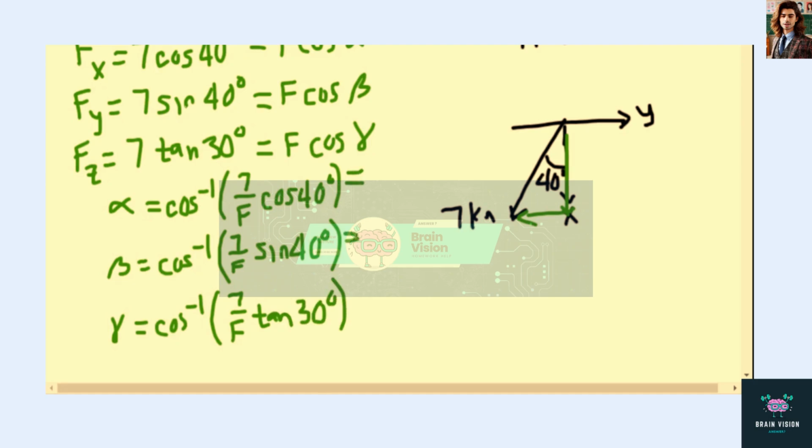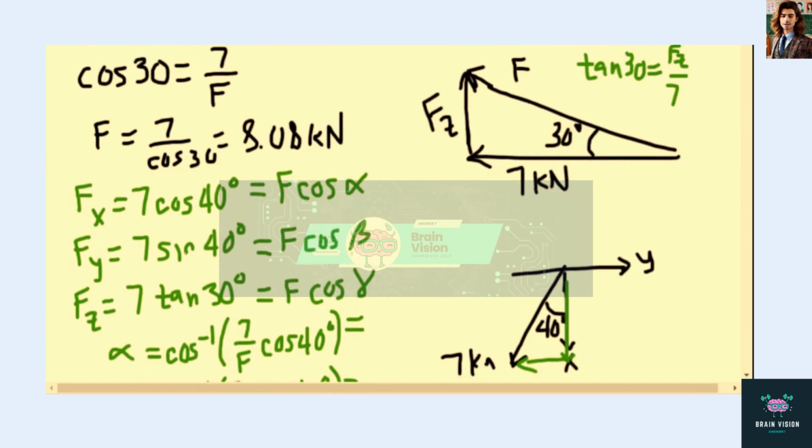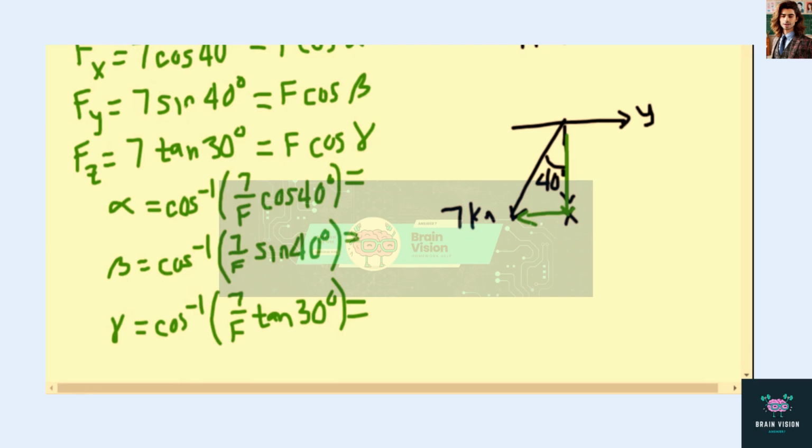So I can put all of these into the calculator, understanding that F is 8.08. So cosine inverse of 7 over F cosine 40 gives me 48.4 degrees.